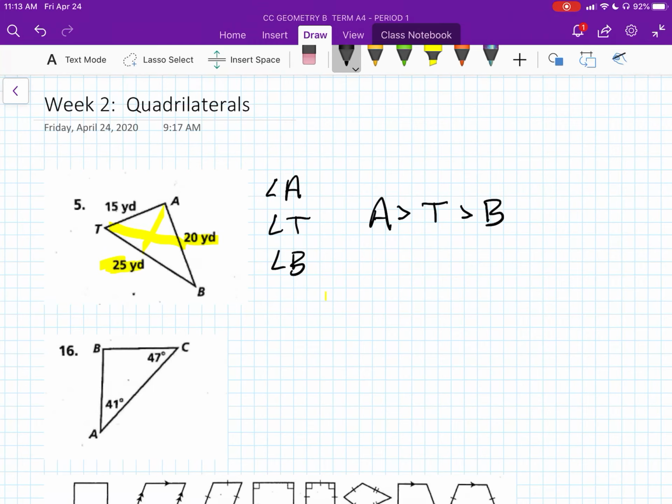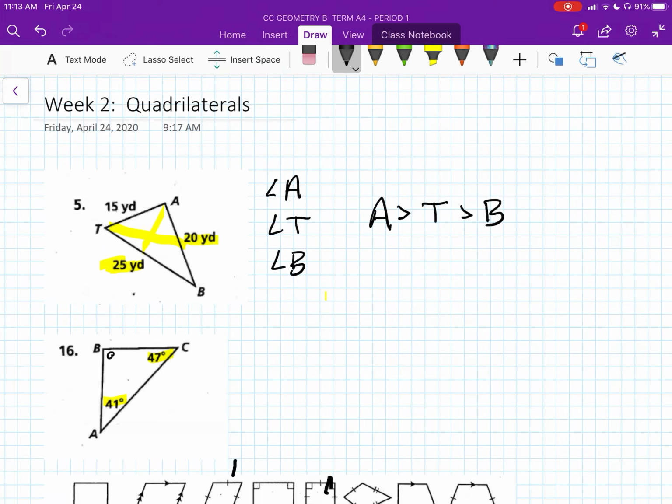And we can do the same thing with the angles and figure out which sides are biggest. So if we look down here at the next example, we have 41, 47. If we add those two together, 41 and 47 gives me 88. And if that's 88, this third angle here, remember how to get it? You have to add up to 180.